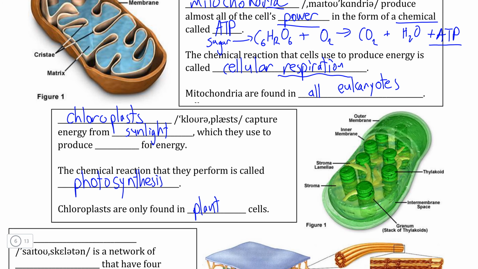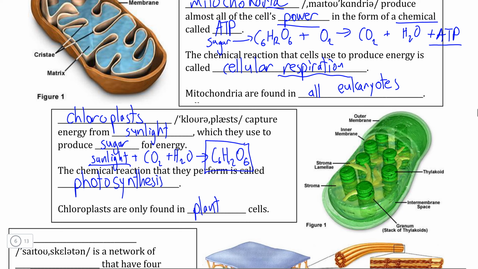And in photosynthesis, the chloroplasts, of course, capture the energy from the sun's light, while at the same time they absorb carbon dioxide from the atmosphere and water from the soil and use the energy from sunlight and the materials from carbon dioxide and water in order to produce the same sugar molecule that is used in mitochondria for the purpose of producing energy. And that's where this sugar molecule originally came from.